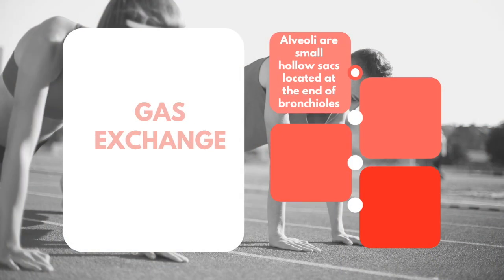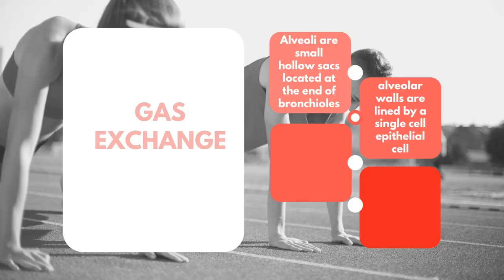So, gas exchange. As we know, alveoli are small hollow sacs located at the end of bronchioles. Each of the alveoli is lined by a single epithelial cell, meaning it's very, very thin, allowing passive diffusion to take place between the alveoli and the capillaries. This is where the air moves. No energy is required. I'm going to use this balloon as an example.